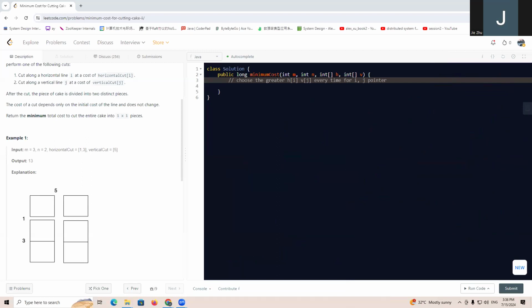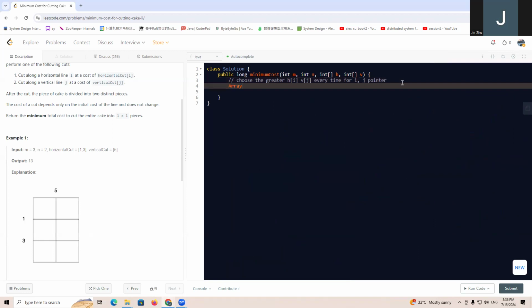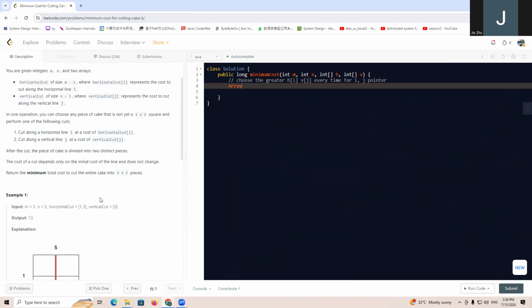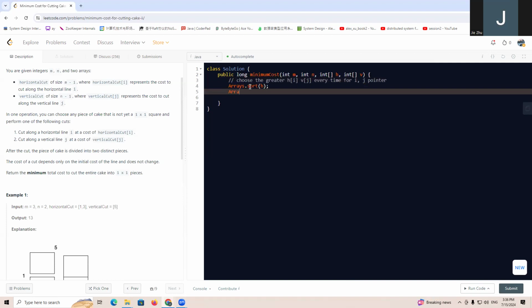So we can sort those cuts arrays, right? And use the two pointers to move, from I equals m minus 2, right? This is m minus 2, or you can use h dot length minus 1, and then we'll have Arrays dot sort.